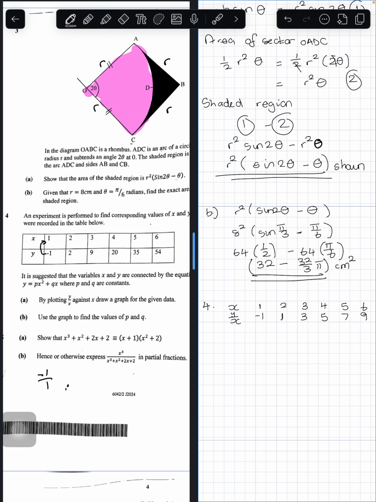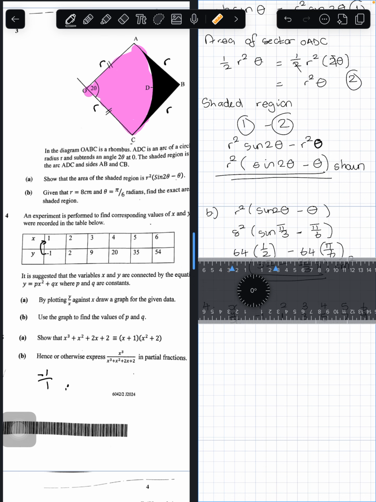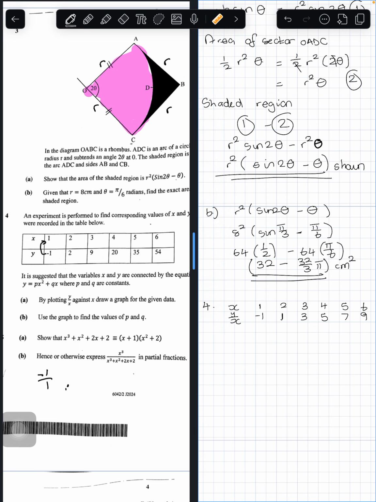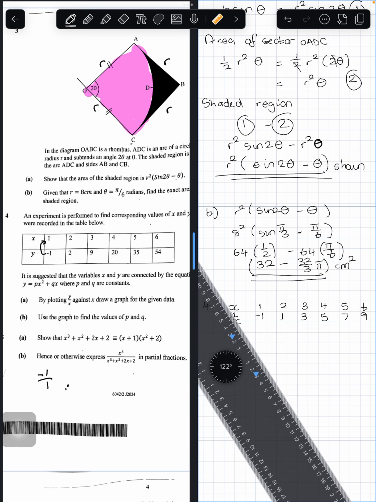When you are drawing your graph, make sure that you have a ruler. Use your ruler to draw your graph. We are going to try to draw a sketch of our graph here.